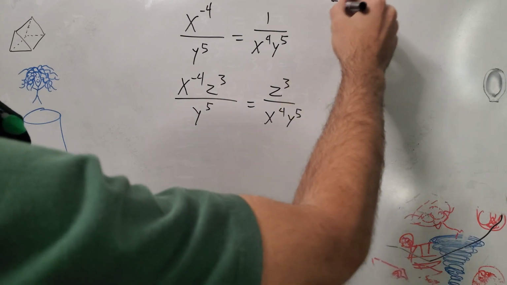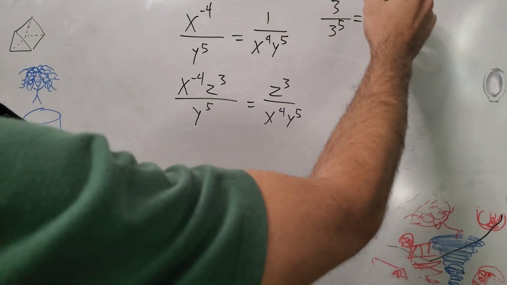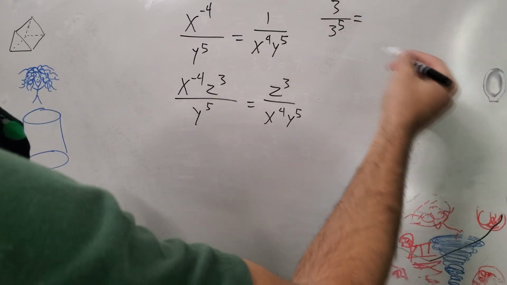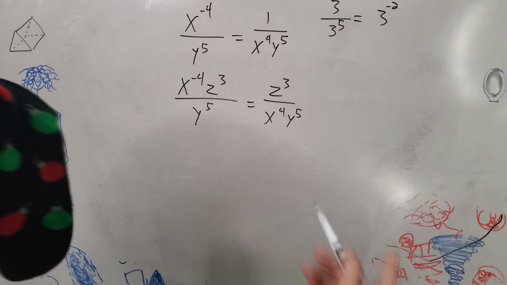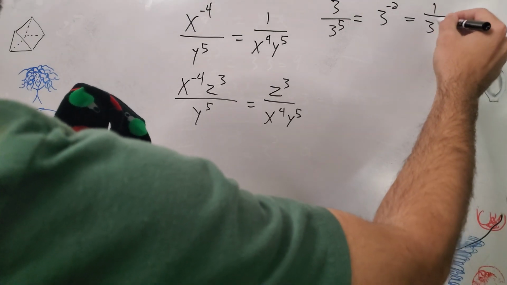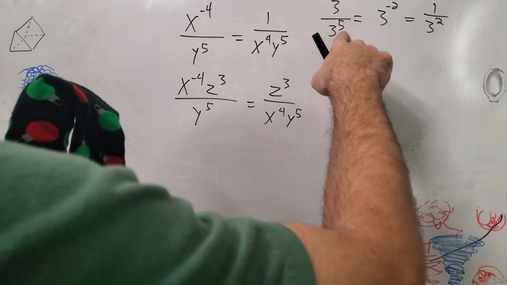So when you have this example where we have 3 to the 3rd divided by 3 to the 5th, we do 3 minus 5. And that is going to be a negative 2. So what I'll write here is 3 to the negative 2nd power. But that's not good. We got to get rid of that. And so the shortcut is to just follow whatever side has the bigger exponent in it.